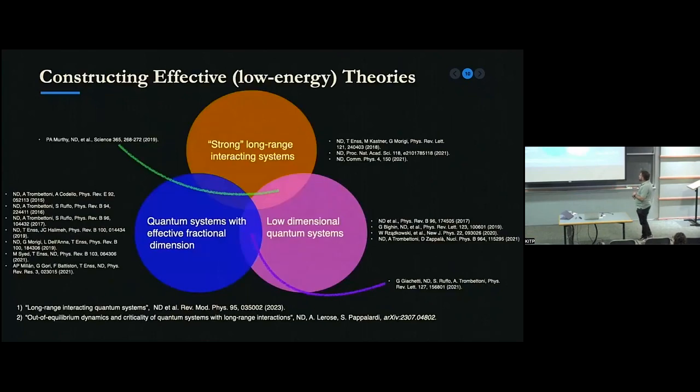So during my career, I worked quite a lot on long-range interacting systems. I don't pretend to make a review of all of what I've done, but I have also written two reviews, one with Andrea, Stefano, and some other people, and Guido, Tobias, who are all in the audience, and one also with Silvia and Alessio, which is hopefully published soon. And what I noticed is that a big portion, for sure the majority, and probably more than 80% of the phenomena we are interested in do not crucially depend on the form of the interaction, but only on this low energy physics.